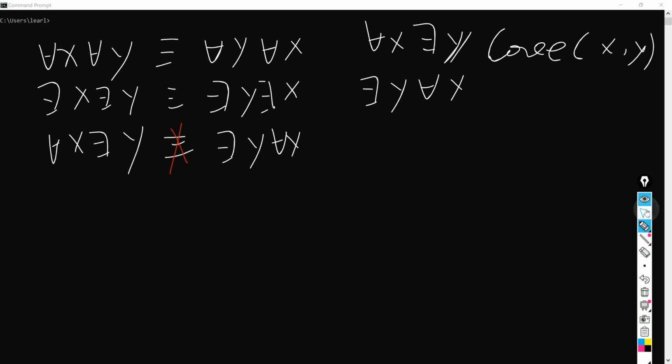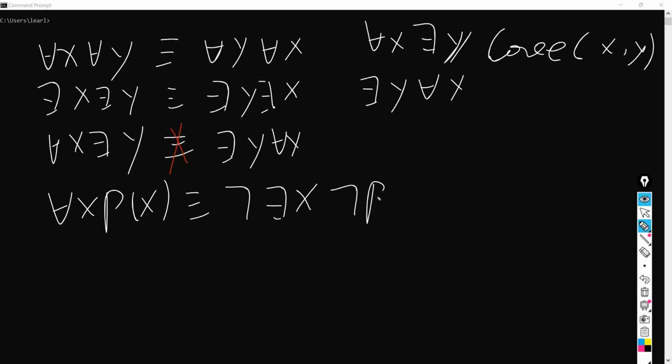Another really important thing is about equivalence. P here is just a function, so it's equivalent by changing both of them. First we add a not sign to the function, then we change the all to not exists.